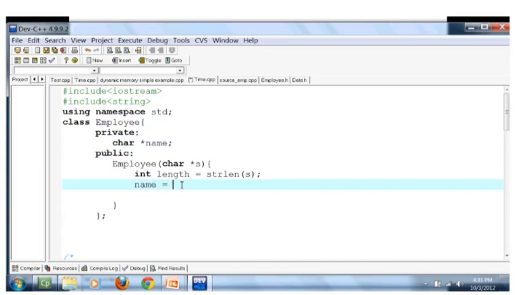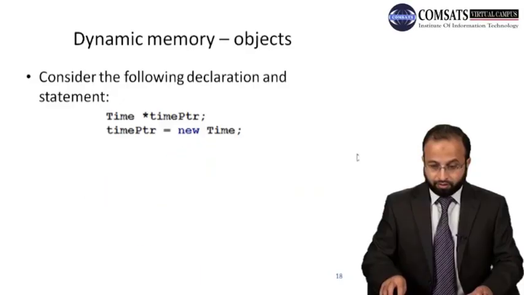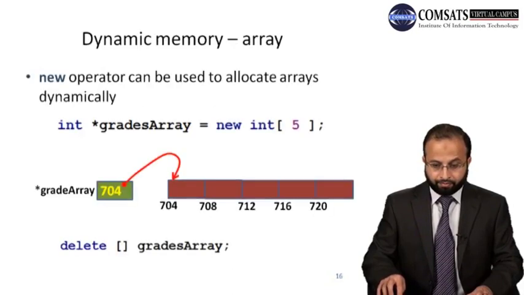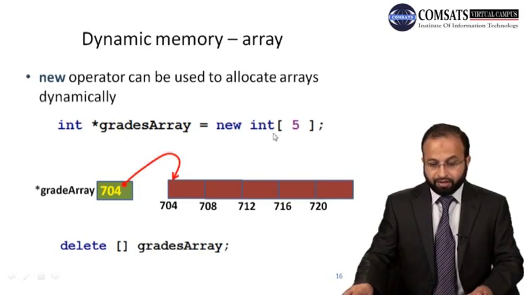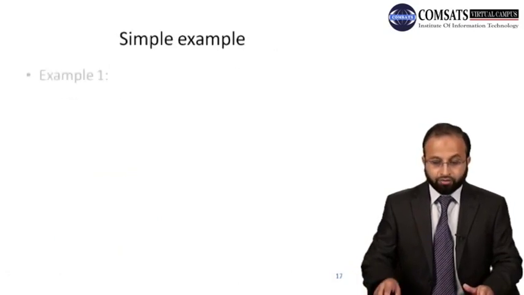So name is equal to new character. Let me check the syntax. Okay, this is the syntax of dynamically creating an array: new, type, and number of values you want to store, right? Now let's go to the program.